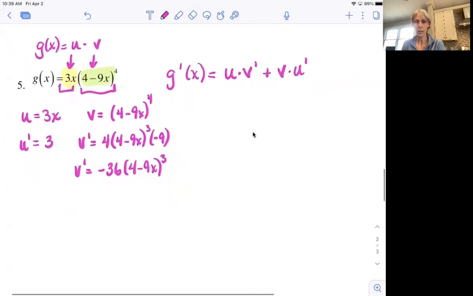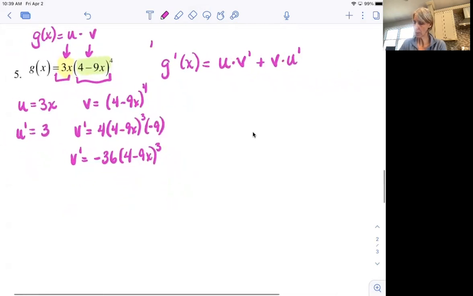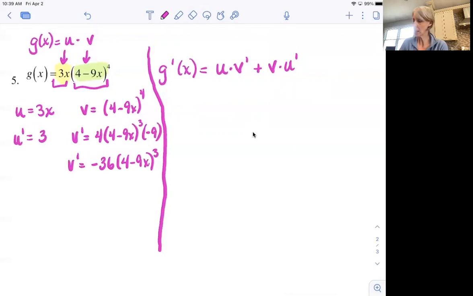All right, so this is a pretty complicated problem. Follow along the best you can, because now we're going to take our g prime of x and just substitute. u is 3x. v prime is negative 36 times (4 minus 9x) cubed.